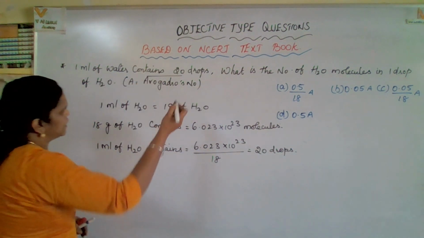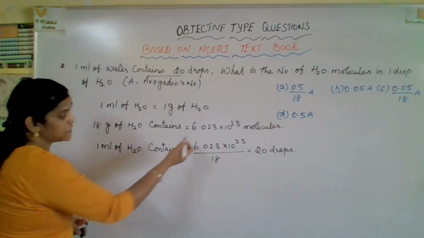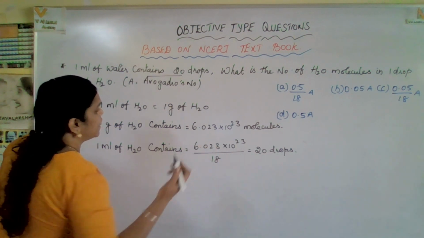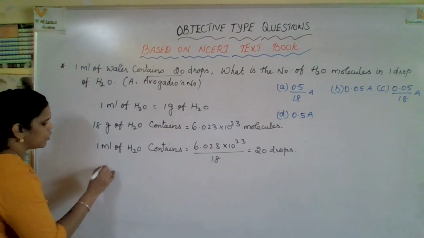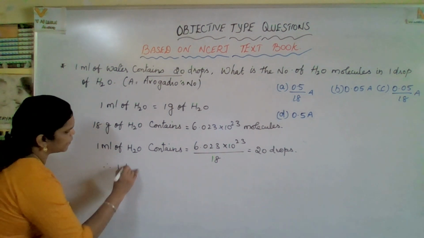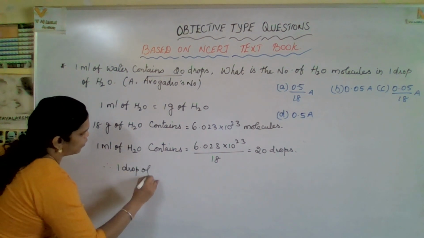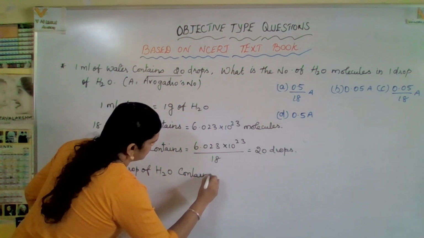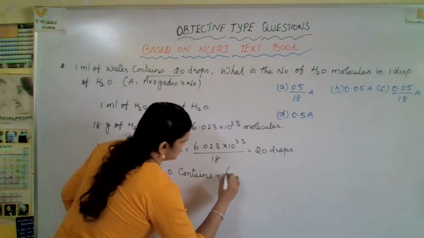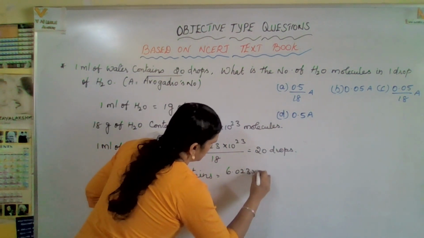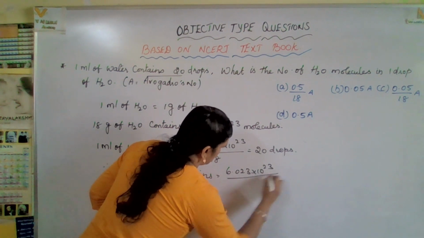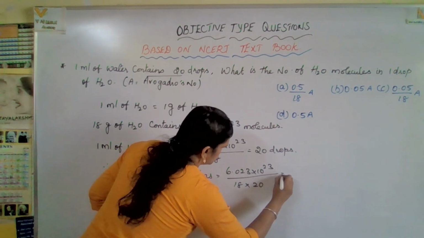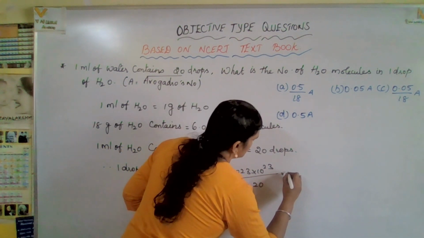Therefore, one drop of water contains 6.023 into 10 to the power of 23 divided by 18 into 20. So you will get the answer. What is it?